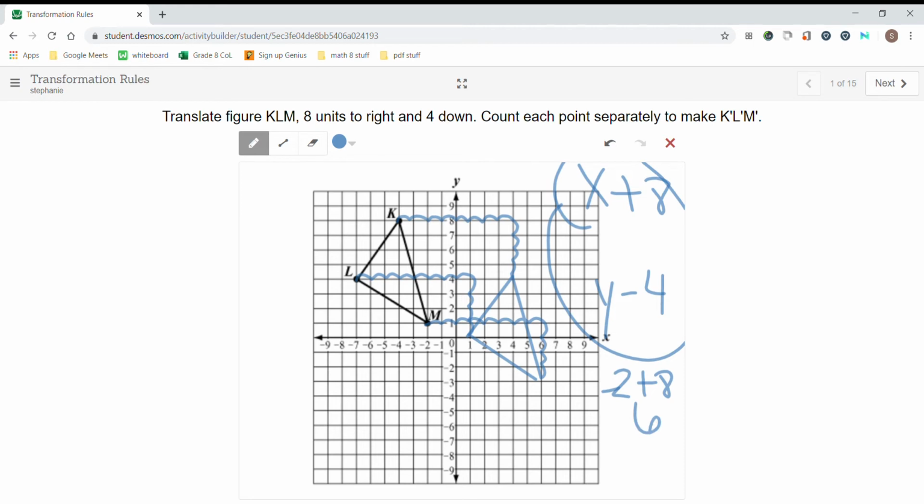If I look over, I move point M to right above the 6. M is at 1 for the Y, minus 4. 1 minus 4 is -3. Look at that, I am at -3. So my new point for M was 6, -3, and I used math to do it instead of just moving it over. So that's what we're going to look at today.